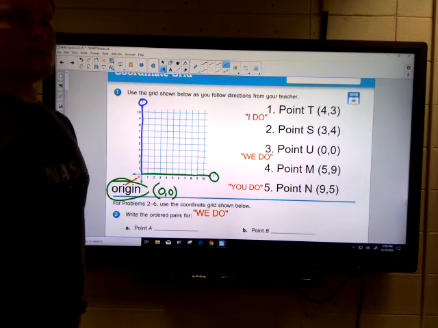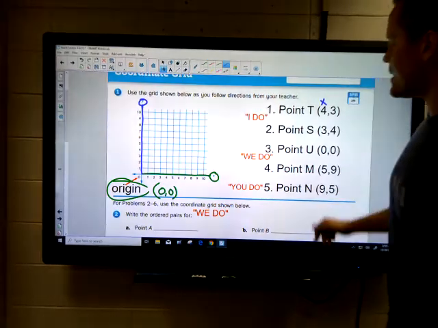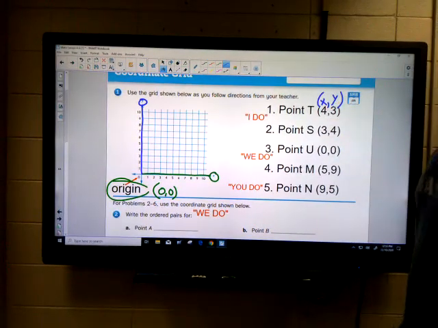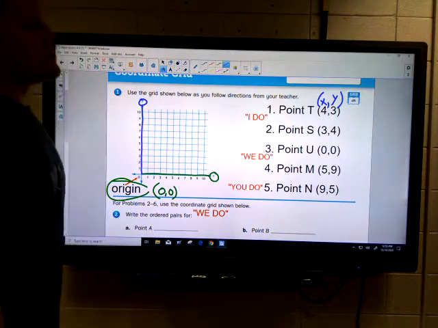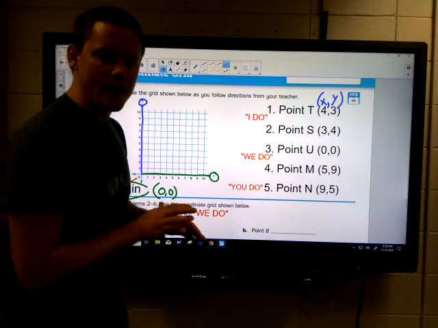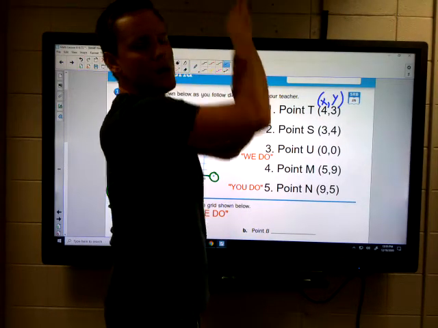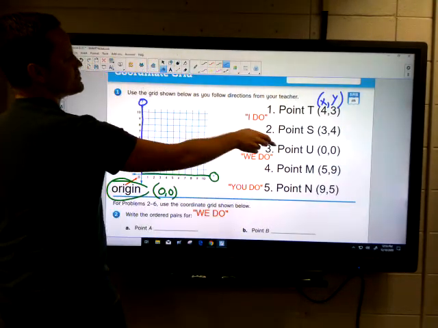When we have a coordinate, your x value is always going to be first, and then followed by your y value. I try to teach my students by thinking of this like you're playing basketball. First, you're going to dribble down the court on your x-axis, and then you're going to shoot it on your y-axis, okay?